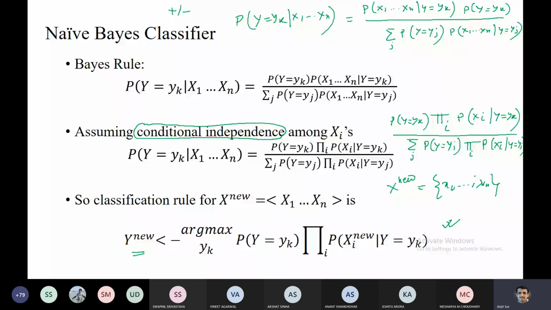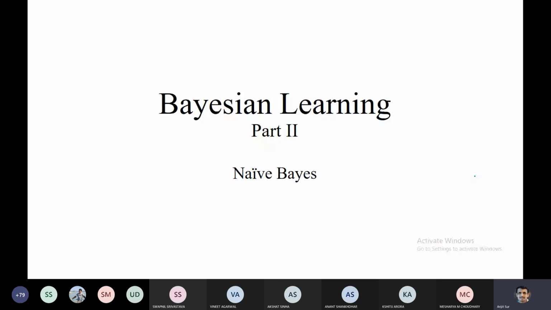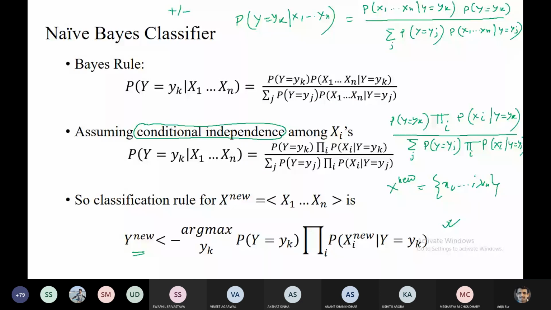So I go back to that particular slide where we said, given a data x, what is the label y. This is x, and this is y of x. This is discriminative.